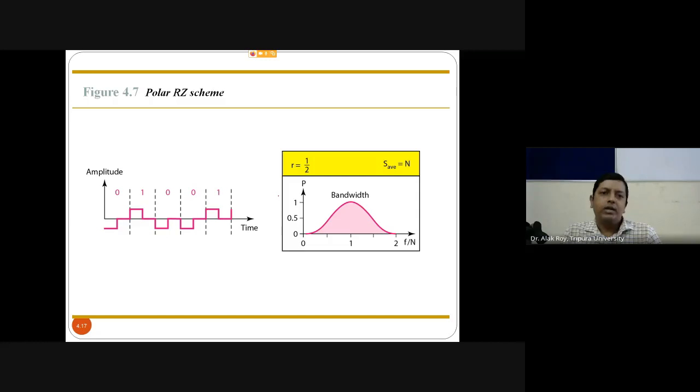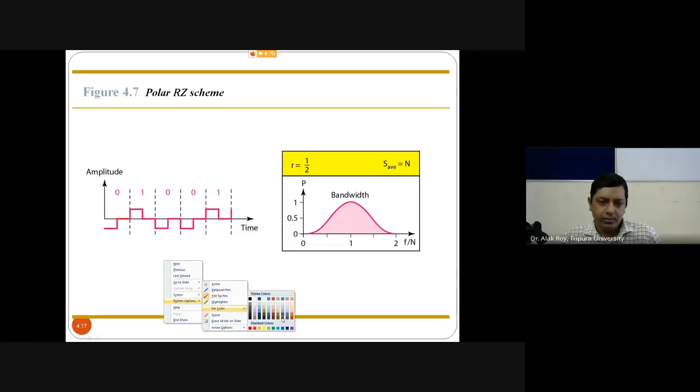So what is the polar return-to-zero scheme? Polar return to zero says in each case it will return to 0. Observe this point, this point, this point, this point, and this point.